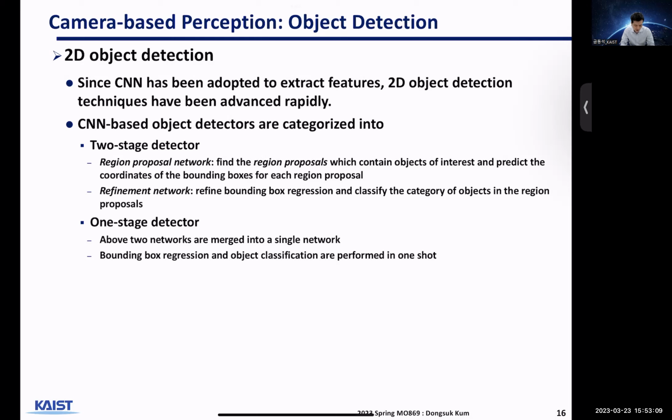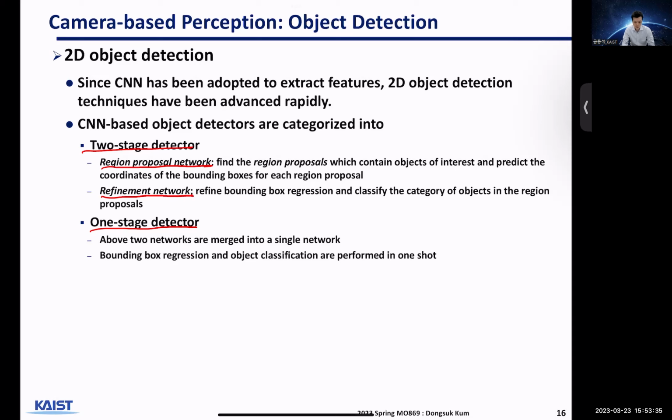During this period, it started with the two-stage detector. There are two types: the two-stage detector and the one-stage detector. Originally, 2D object detection started from the two-stage detector. There's a region proposal network, and then there's a refinement network.